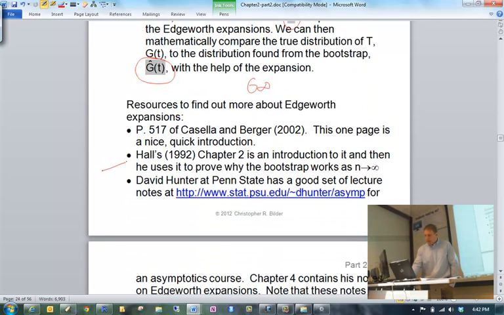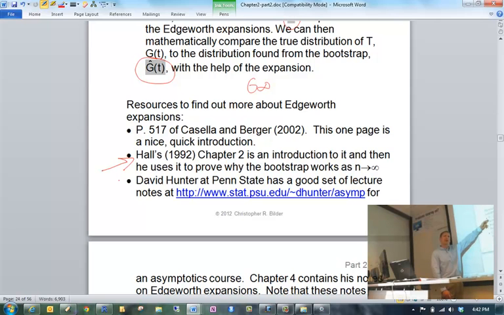If you have an interest in the mathematics behind all that, take a look at Peter Hall's book. Chapter 2 is the introduction to Edgeworth expansions. Then he actually goes through all the mathematical proofs behind why Bootstrap works. Some more stuff on Edgeworth expansions: Casella and Berger does a little bit.